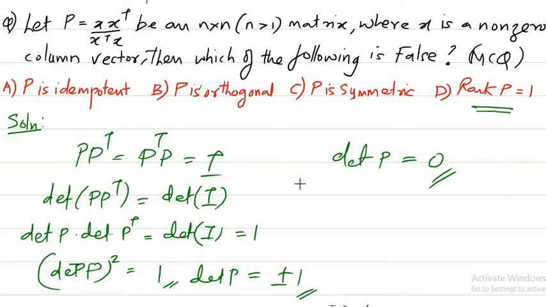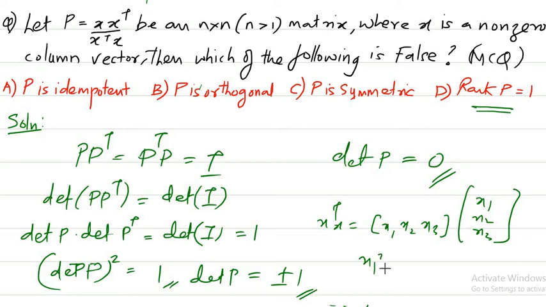So in the discussion I have not considered this part, 1 by x transpose x. What is x transpose x? If you multiply x transpose x, you can think of it like this: for the x we have taken, we get x1 square plus x2 square plus x3 square, right? So it's a constant. So we get something like 1 by this quantity times this matrix, that is x into x transpose.